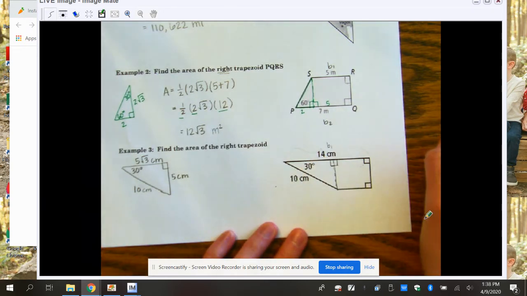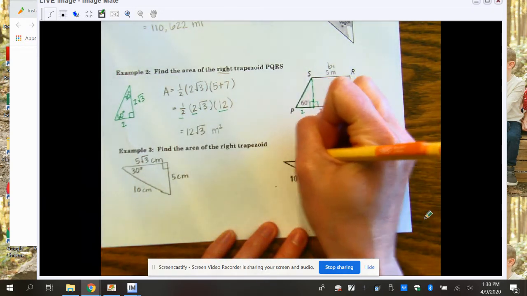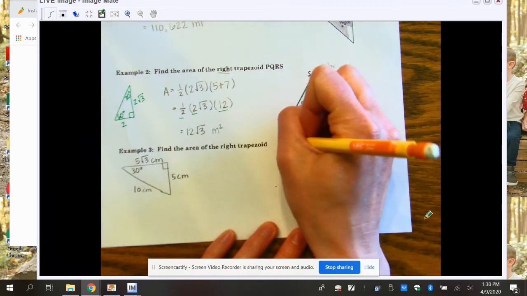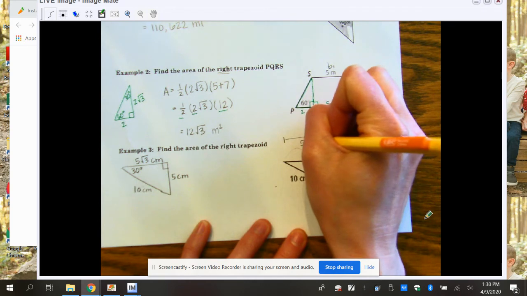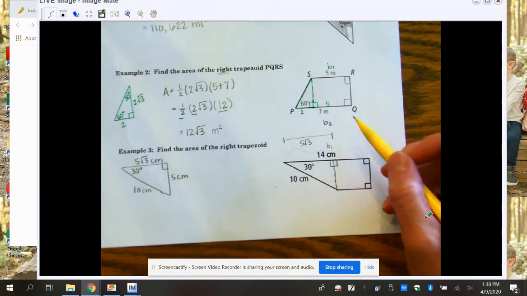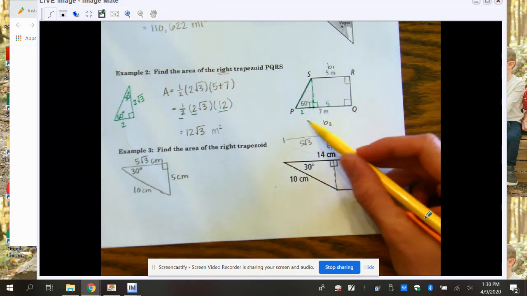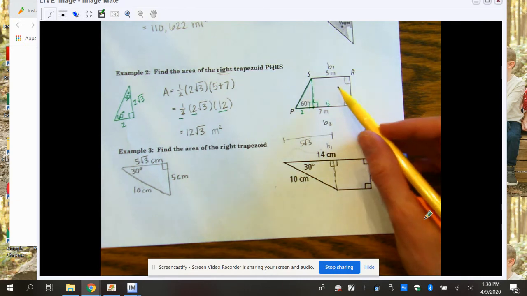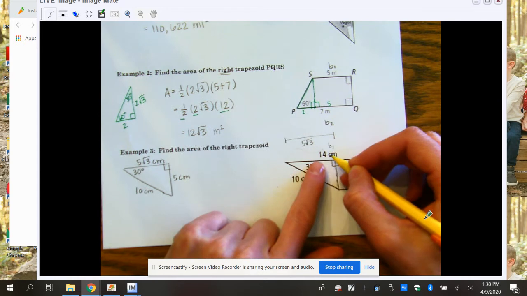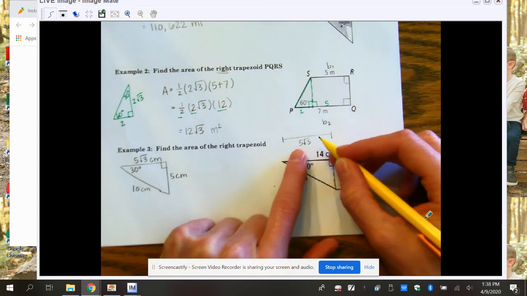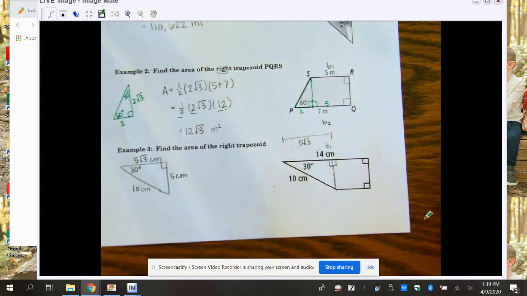Okay. And so if this distance right here, from here to here, is 5 radical 3, think about what we did here. We knew that this whole thing was 7 and this was 5, so we did 7 minus 5 to get this. This is the same idea. It's just going to be a little bit trickier because we're going to have to subtract that radical.